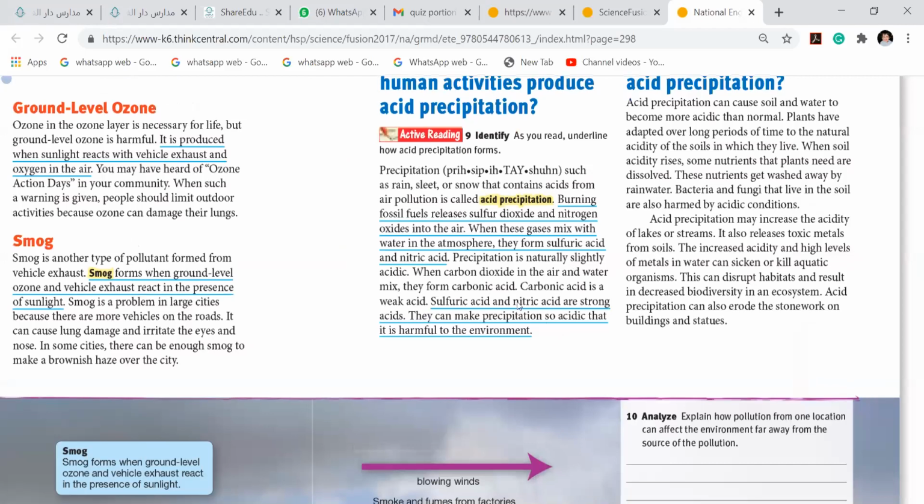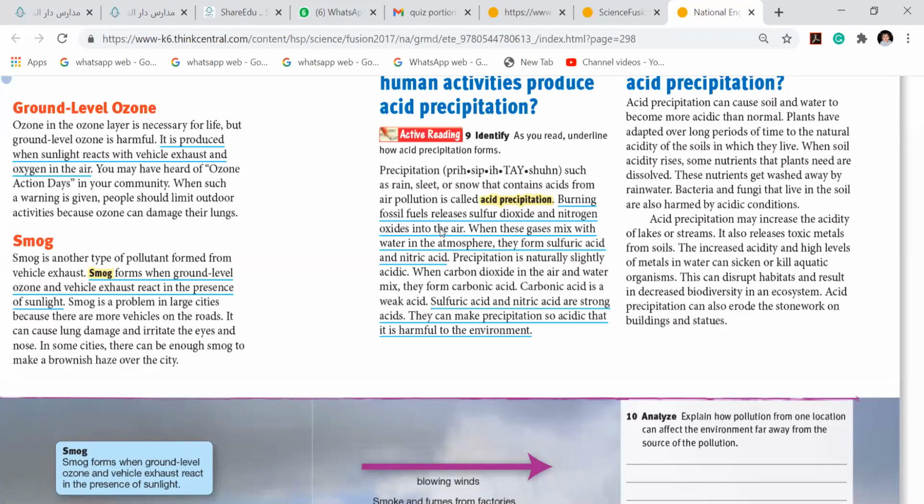Please highlight this, girls. Burning fossil fuel releases. Highlight them and please read it. Zishani, are you there? Yes, Miss. Can you read this? Burning fossil fuels releases sulfur dioxide and nitrogen oxide into the air.